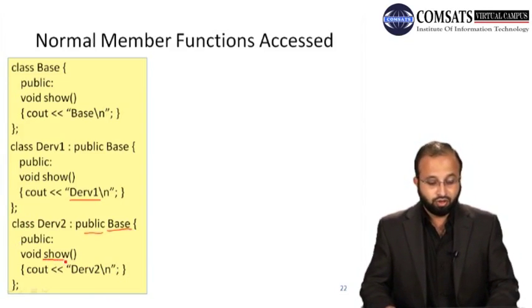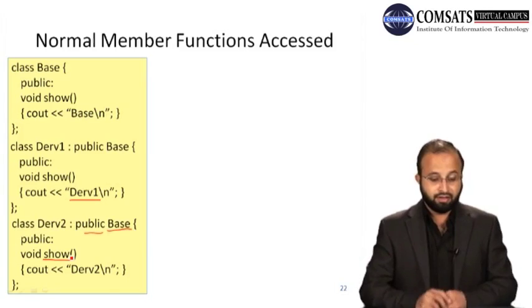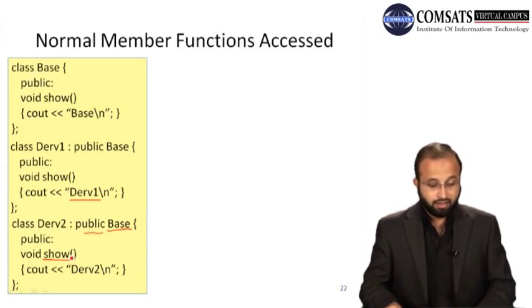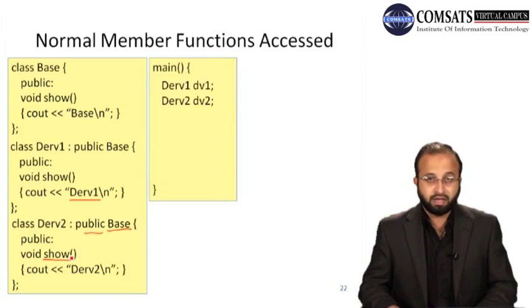So let's see the normal member function accessed with pointer. So this is the base class that has a show function. We will see a very simple example, ठीक है, जिसमें just एक show function है and it displays the message base. That's it. Then we have a drive class drv1, derived class 1, that is inherited from the base class and the type of inheritance is public, and that class also has a show function.